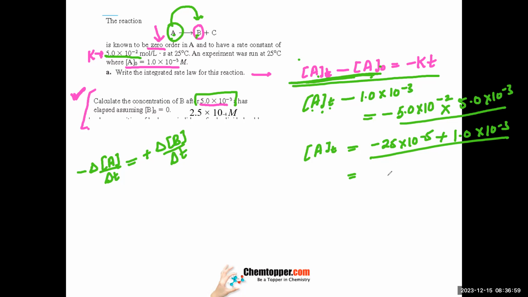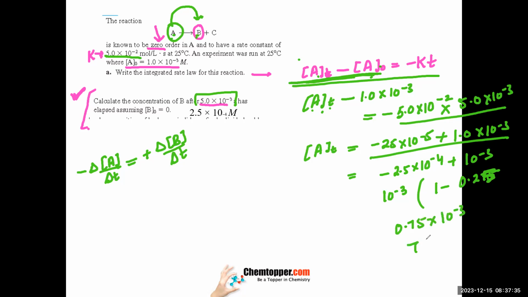I'm not using my calculator, so I'm just doing it without a calculator. You have to check my answer later on. So it is 2.5 times 10 raised to power minus 4 plus 10 raised to power minus 3. I can take out 10 raised to power minus 3 common. So it is 1 minus 0.25, that means 0.75 times 10 raised to minus 3, 7.5 times 10 raised to minus 4 molar.